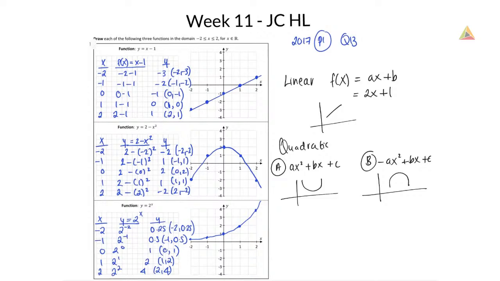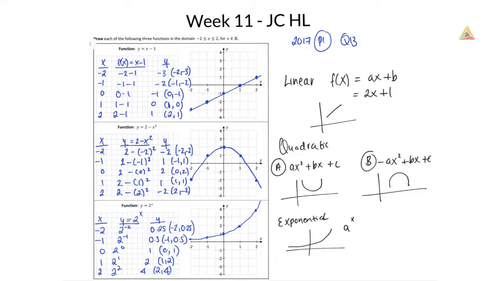And then the last one is exponential, and that's where you have a graph that looks like that, and that's where you have maybe a to the power of x. So it's very important that you remember those three, or those four should I say.